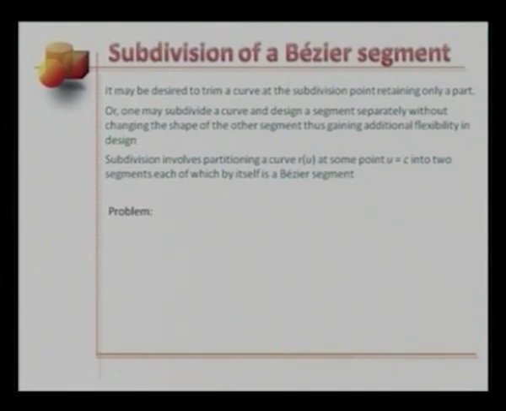So the problem now is, a Bezier segment is given by, let's say, n plus 1 control points or data points or design points, b sub 0, b sub 1 up till b sub n. This Bezier segment needs to be subdivided at point u equals c. As I mentioned before, the value of c should be in between 0 and 1.